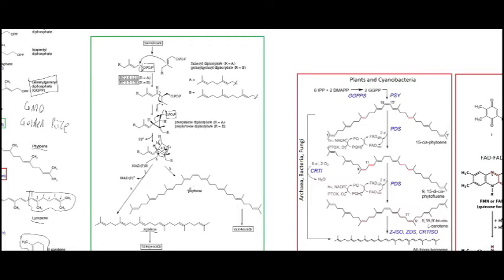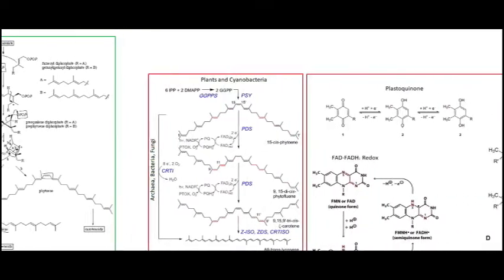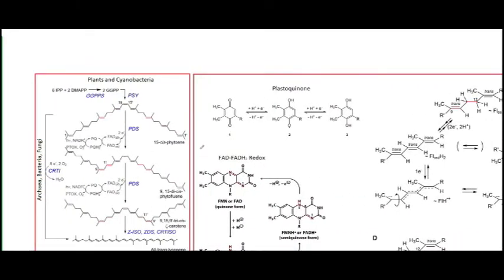But right now we're focusing on this phytoene, which is this species here, which is our 2 geranylgeranyl pyrophosphates bound together with this cis bond. And then we actually want to turn that cis bond into a trans bond using this desaturase. And that is this mechanism over here.